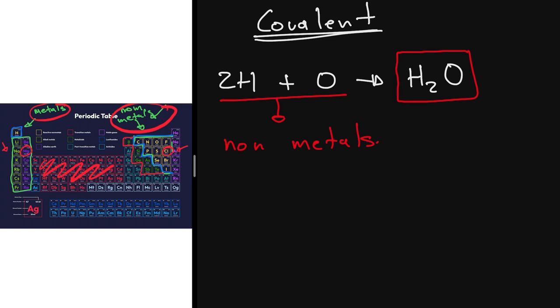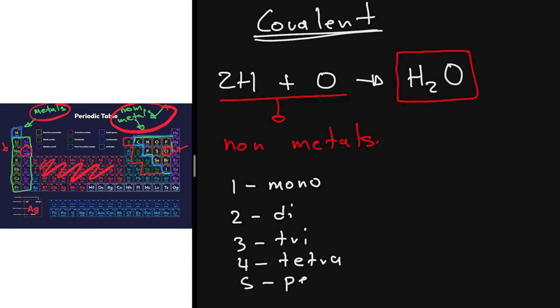So it is important when we have a covalent compound. If we have 1, we call that mono. If we have 2, that is di. 3 is tri. 4 is tetra. 5 is penta. And 6 is hexa.